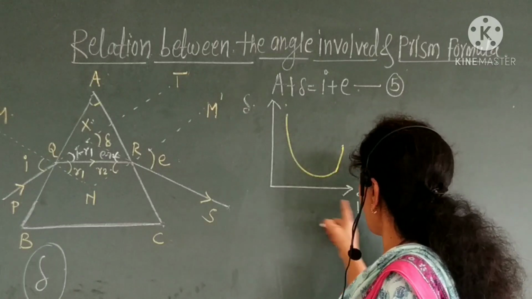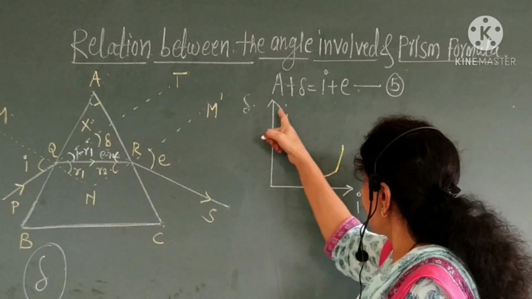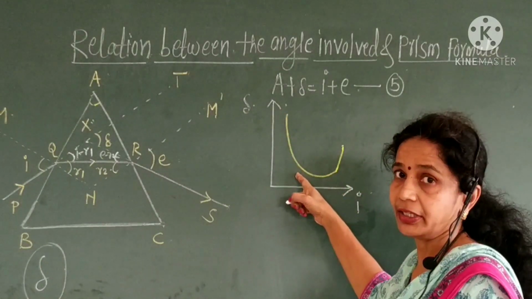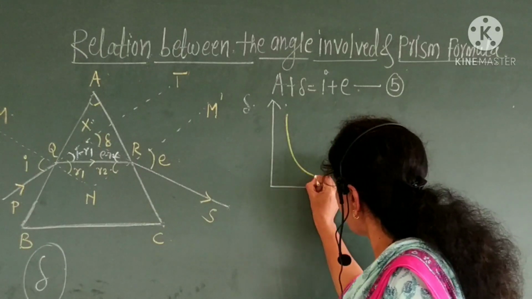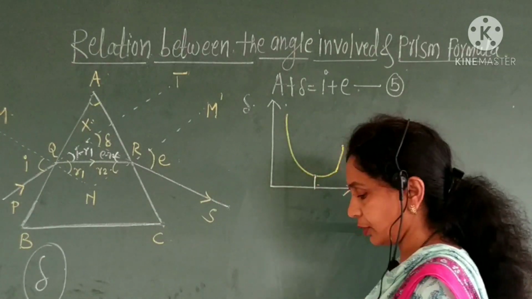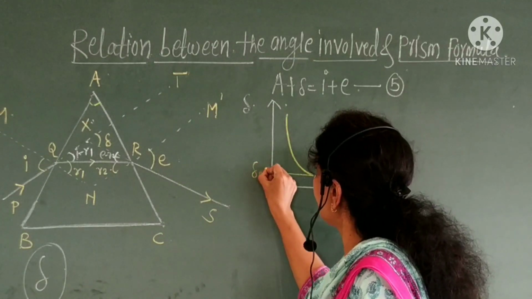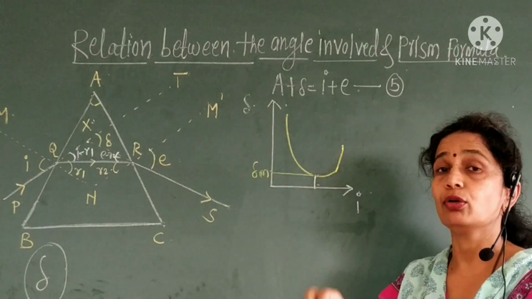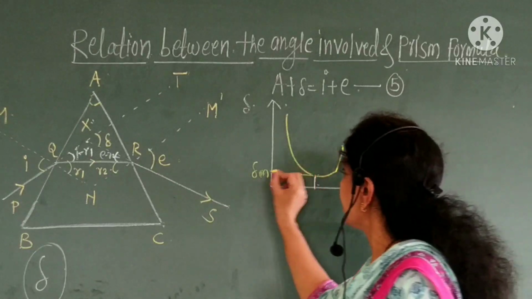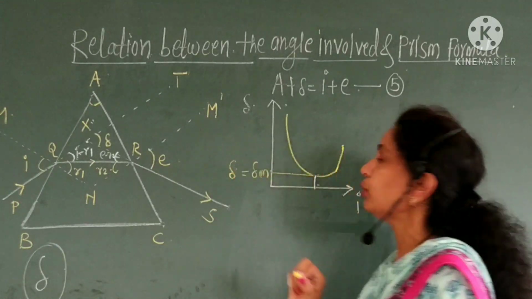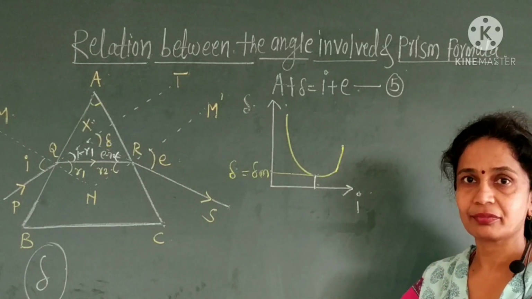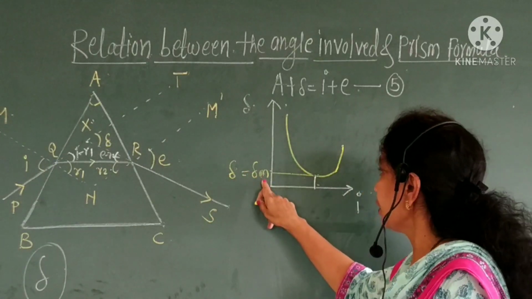Means when the angle of incident increases, first angle of deviation decreases. Then it becomes the minimum. Okay, here we get the minimum value. Say it is delta m, the minimum value of angle of deviation, therefore delta is equal to delta m.